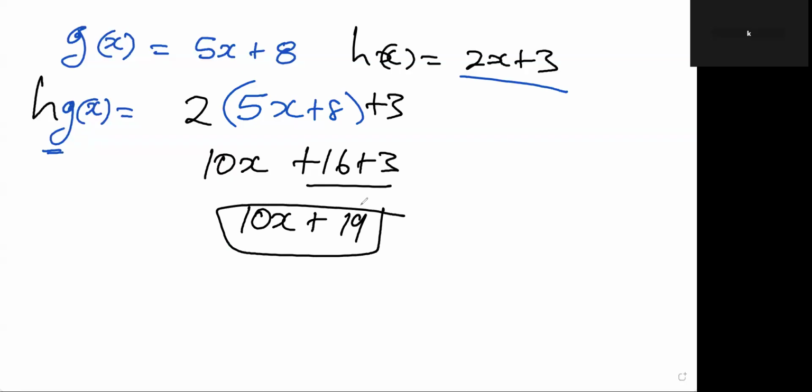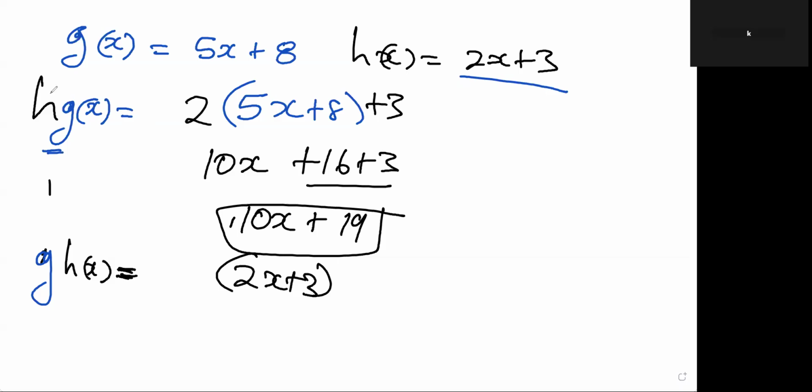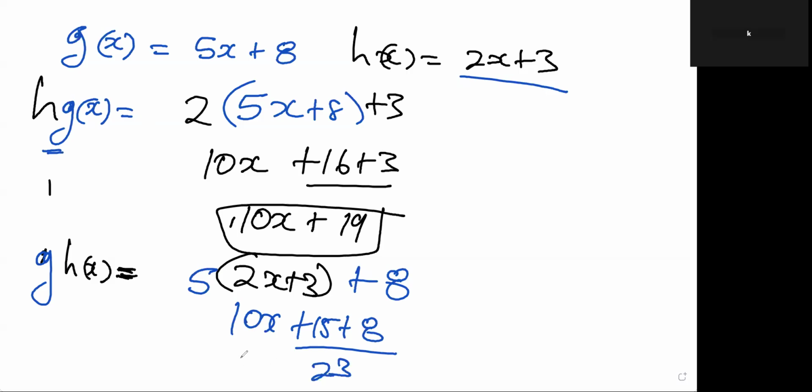We can add the x term to it. Alright, so we're going to write h now, which is 2x plus 3. That is our x in g. And of course, g is 5x plus 8. So 5 times 2 is 10, 5 times 3 is 15. We'll add these, that's 23, and we'll just put the 10x. Alright, we'll drop in some negatives now.